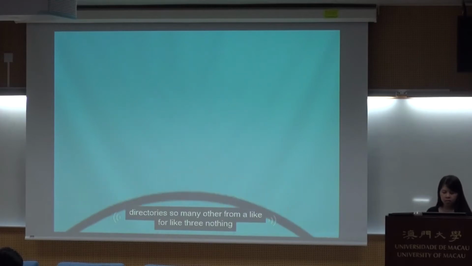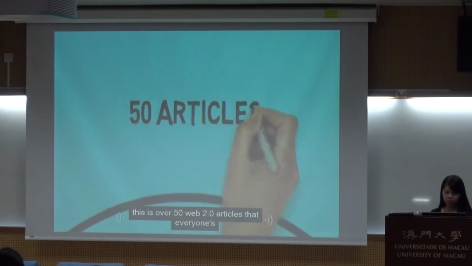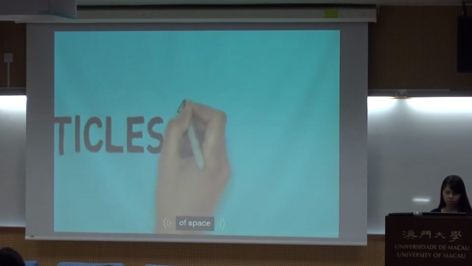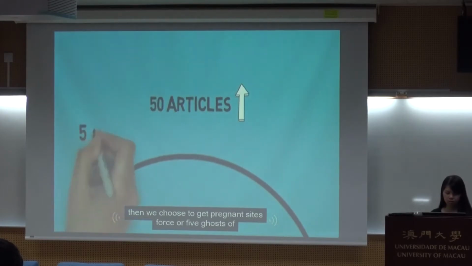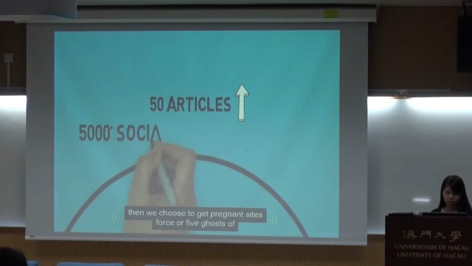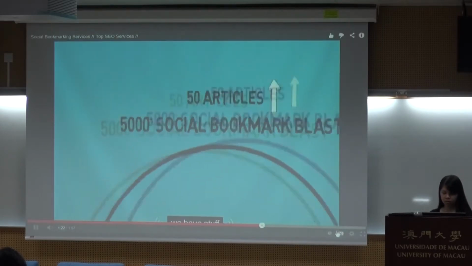Around the link pyramid, we like to create a link wheel. This is over 50 Web 2.0 articles that are posted to the top of article sites. Then what we do is to get recognition for those sites is we post over 5,000 social bookmarks to them. This adds more like juice to your website and gets your ranking extremely fast. But we don't stop there.